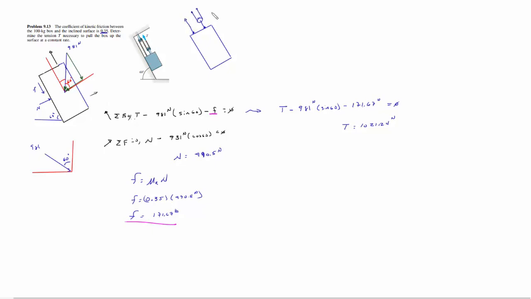So if we look at this, the mechanical advantage is actually 3 to 1. So it's 3 times easier when we pull here than it would be if we were just yanking it down. We would divide by 3, and this is going to be 340 newtons to pull up at a constant rate. The other thing you could have done is, if you knew this was 3 to 1, you could have just put a 3 here, because you know it's a mechanical advantage of 3, and you would come up with 340 newtons, because 3T divided by 3.